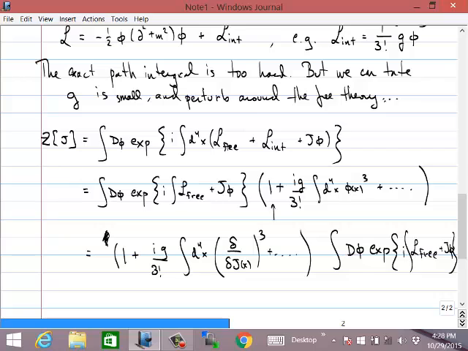So I'm just reusing the computation that we did above, where we noticed that if you want to insert a bunch of phi's in the free theory, you just take the variational derivative with respect to j.